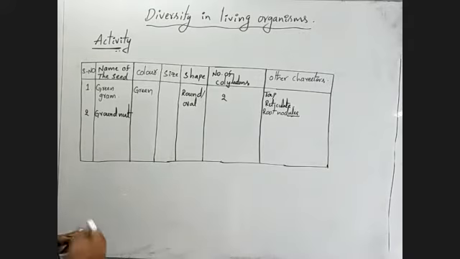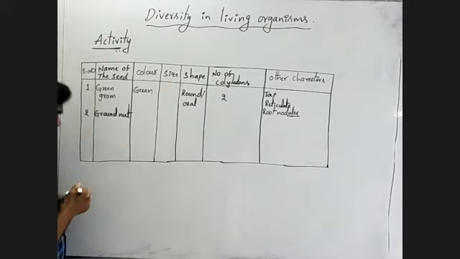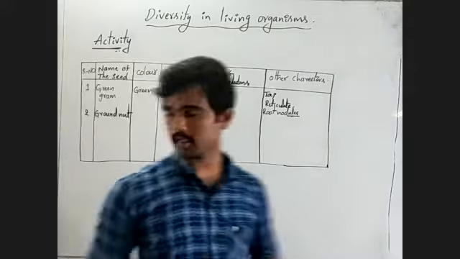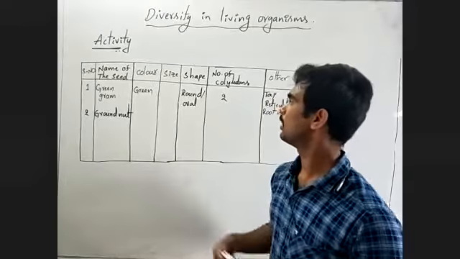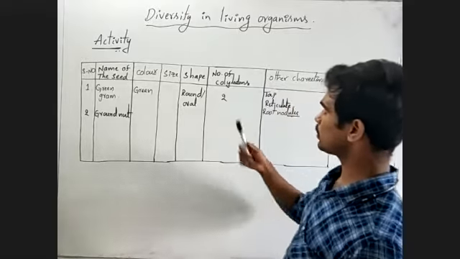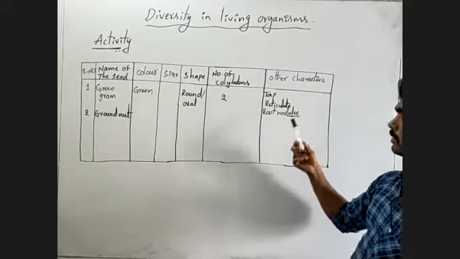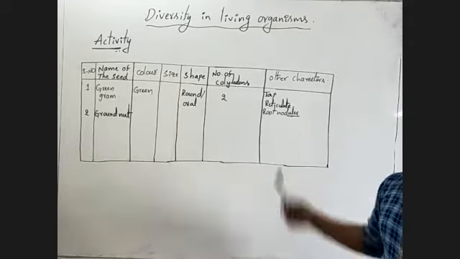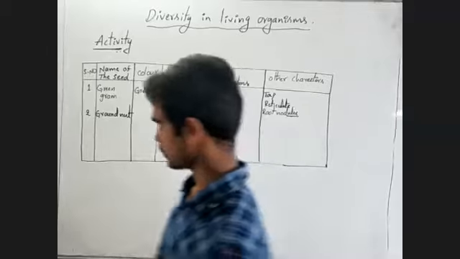Next, any other, for example basra: light green color, small size, round shape, only one cotyledon. Here the characters are different.